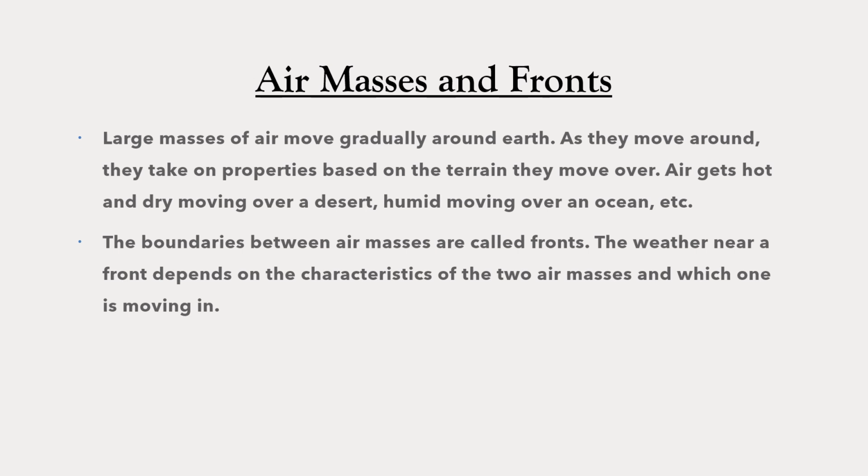So the boundaries between air masses are called fronts. The weather near the front depends on the characteristics of the two air masses and which mass is moving in and which mass is being pushed out.